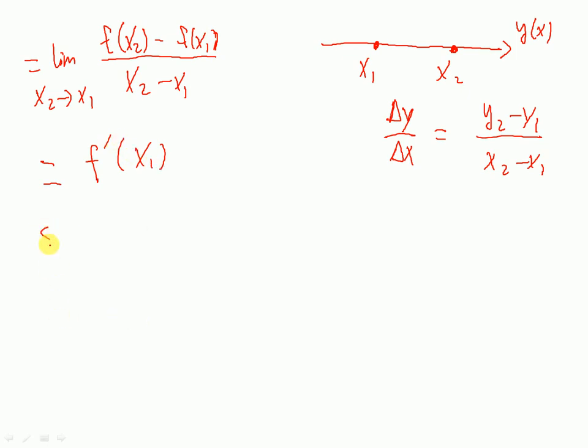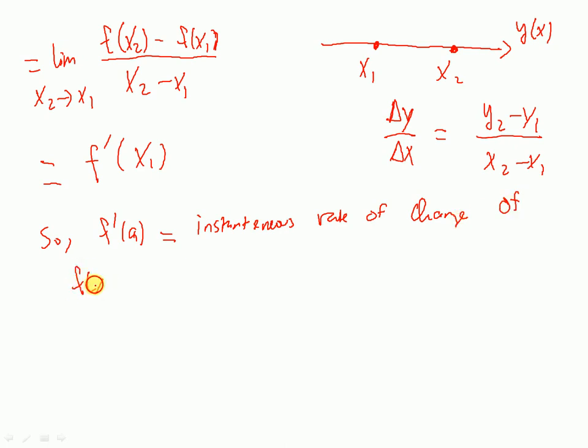Okay, so we can conclude that f prime of a, the derivative at the one point a, is called the instantaneous rate of change of the function f(x) with respect to x when x equals a.